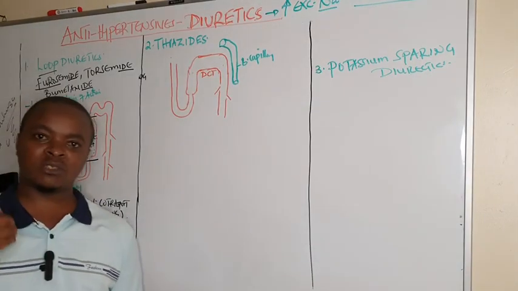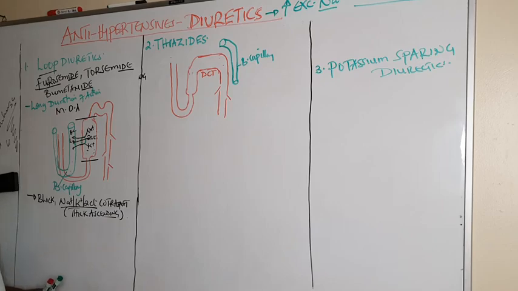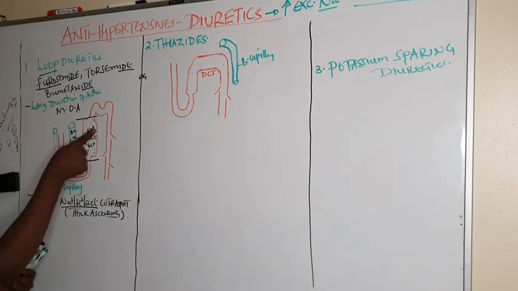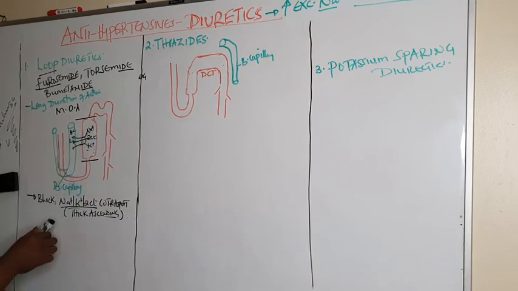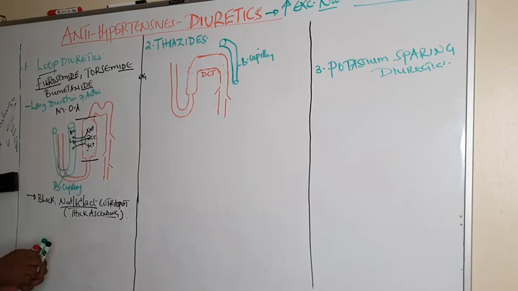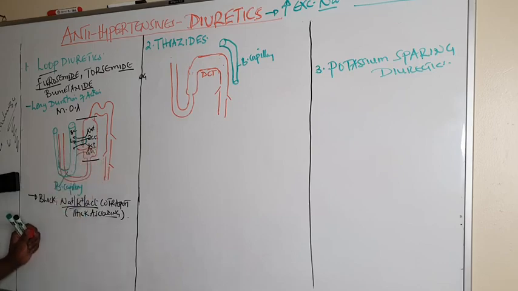And when sodium is reabsorbed, more water is reabsorbed. But after losing the 2 chloride ions under the transmembrane part, we see magnesium and calcium enter to equalize the charge. So we see entry of magnesium and calcium.